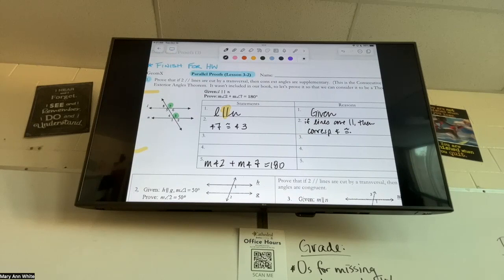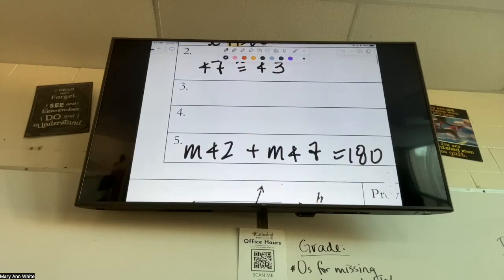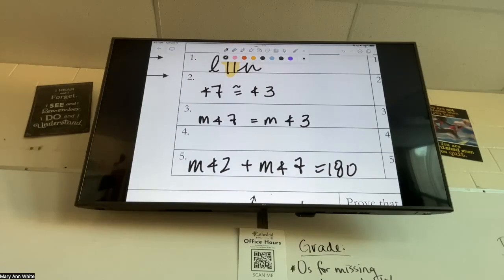Everybody good so far? Okay, next, I want to change it. Instead of saying these angles are congruent, I'm going to have to do measure of angle 7, not just angle 7. So let's change these to measure of angle 7 is equal to measure of angle 3. Do you remember what it's called when we switch between angles are congruent to angles are equal?